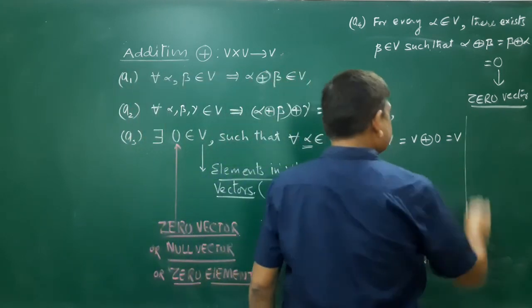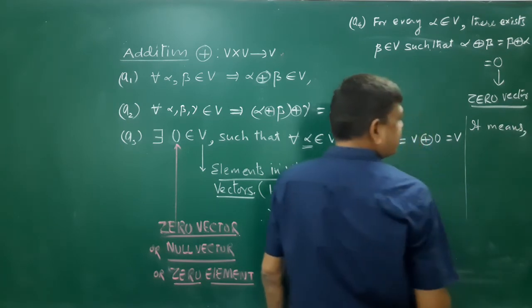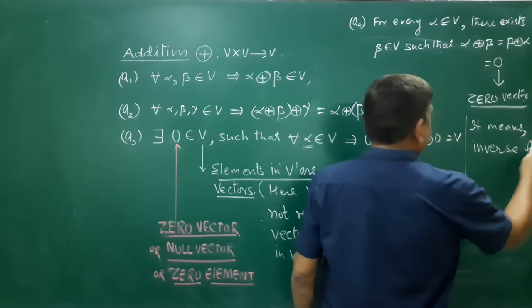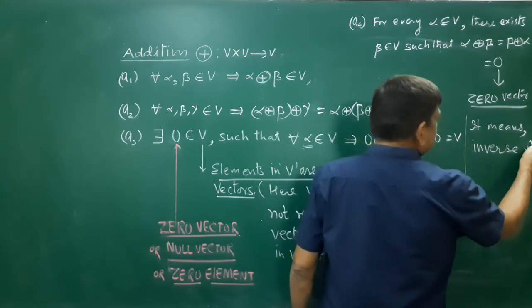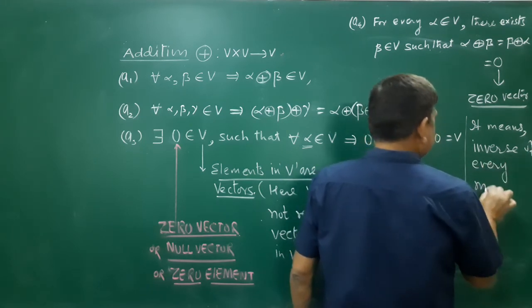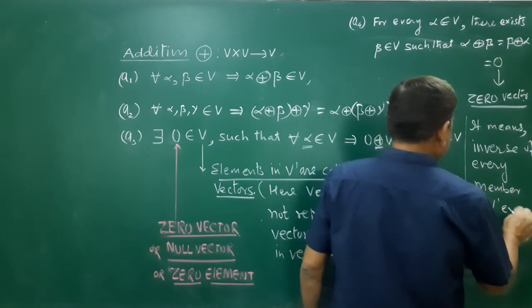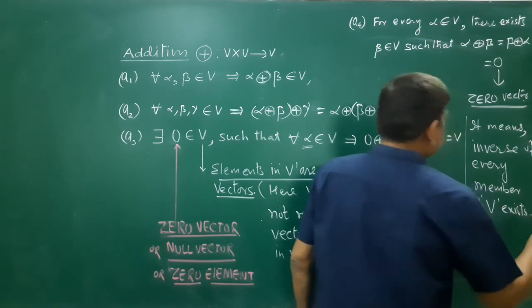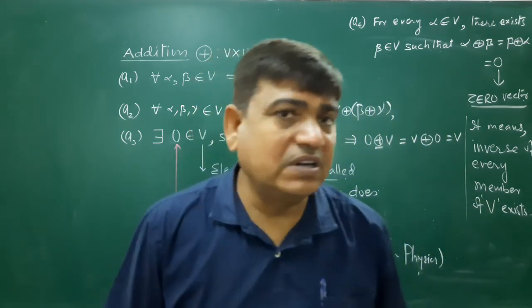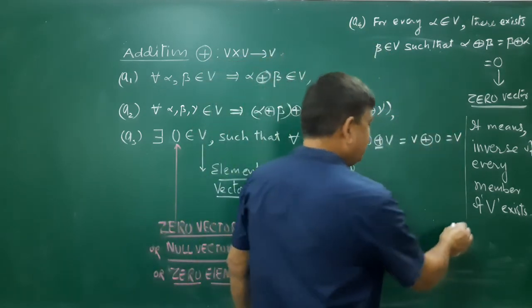It means the inverse of every member of V exists, and here beta is called the inverse of alpha. This is called the additive inverse.